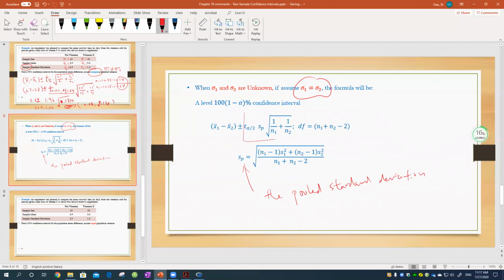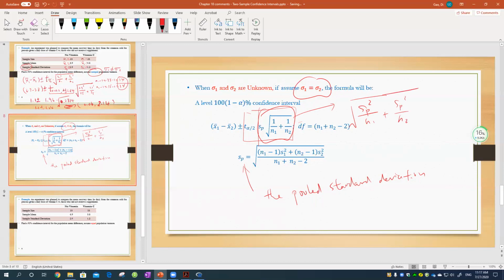And then the margin of error changed a little bit, because now we don't use S1 squared. So if we look at this part, that's actually the same as the square root of the pooled variance over N1 plus the pooled variance over N2.